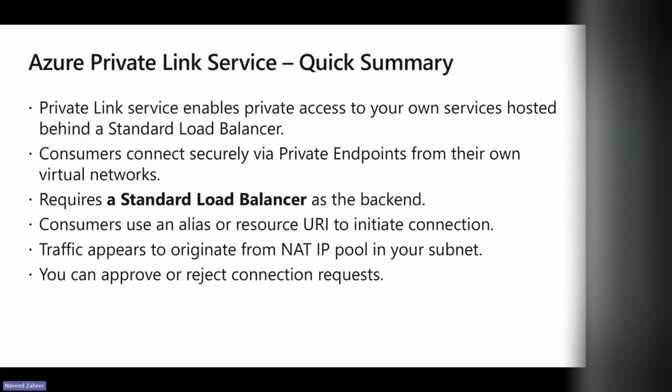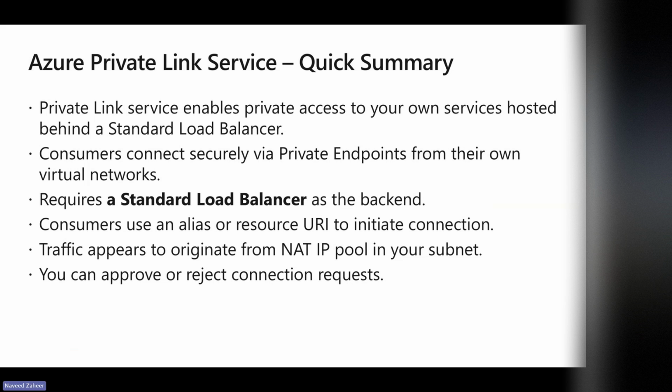As you know, Private Link is a Microsoft capability built into its network fiber that allows you to access public services, PaaS services, and your own services on a private endpoint. This is built into a number of PaaS services.